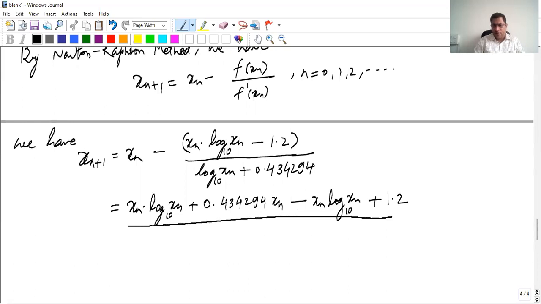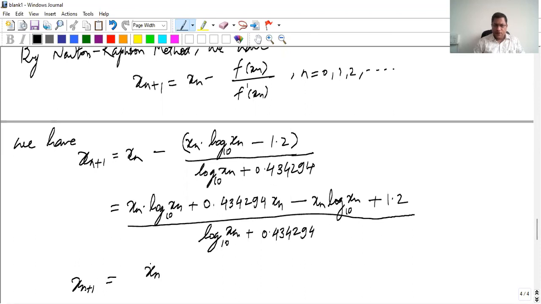This whole term divided by log of x n to the base 10 plus 0.434294.